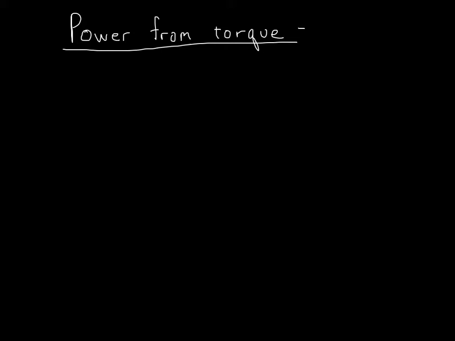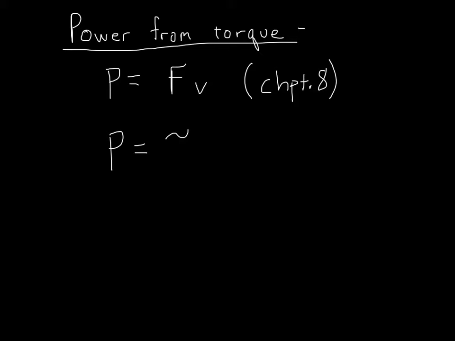I can continue to derive all the quantities that we've already learned about. I can look at power from torque. Power is equal to a force times the velocity. We learned this way back in chapter 8. This is for things moving in lines. If I now have something that's rotating, then the power that I have from rotation is the rotational force, or the torque, times the rotational velocity.